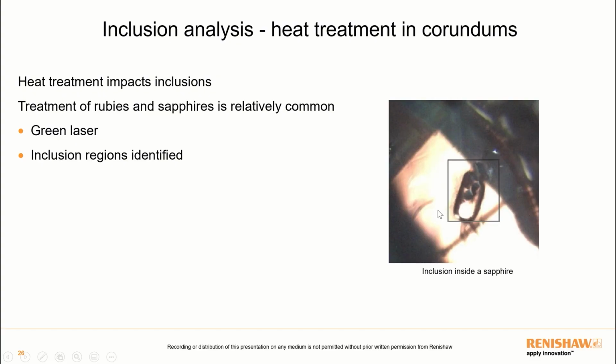And this can be easily detected by micro-Raman spectroscopy volume imaging. In volume imaging, it is very important to work at a high resolution. So, depending on the size of the inclusion, a high magnification objective may be required.